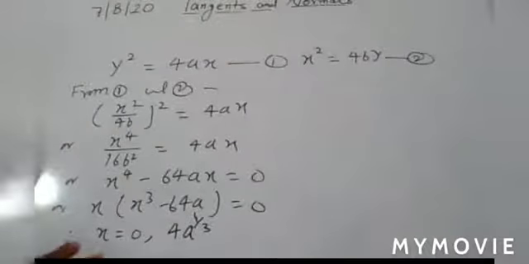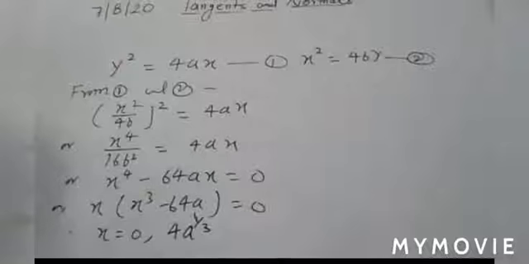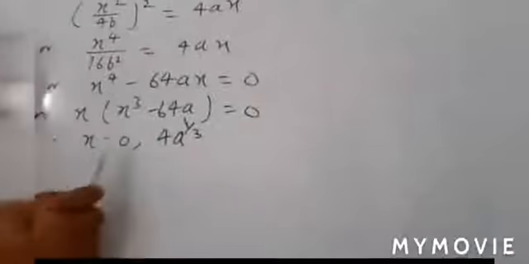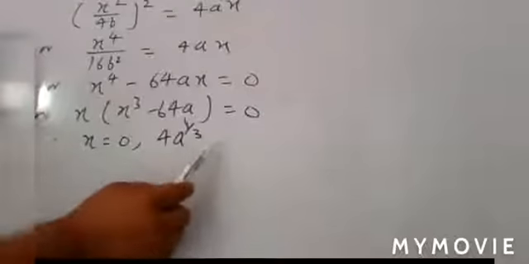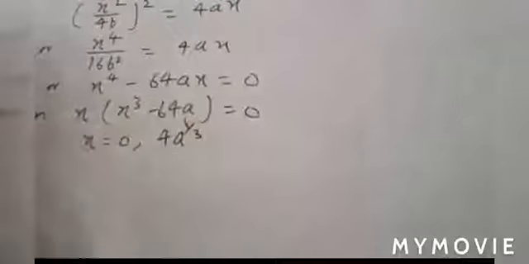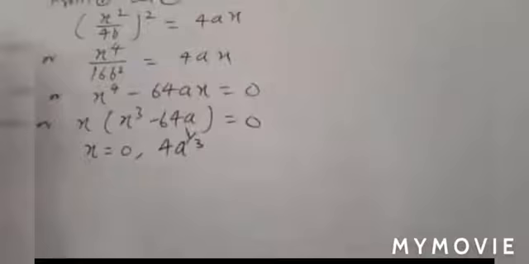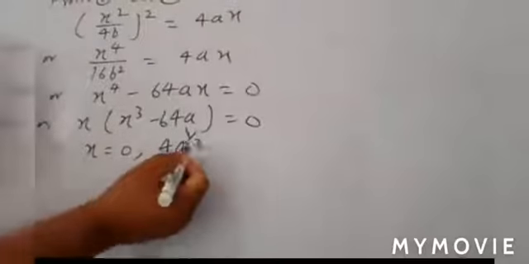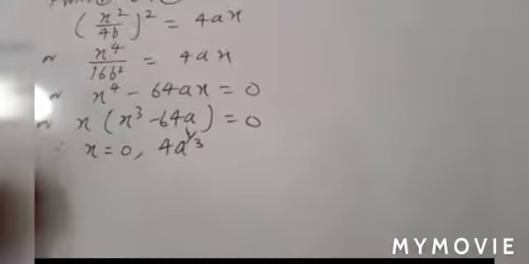Here, as given in your question, the point 0 is not taken. So you only have to put x is equal to 4a to the power 1 by 3 in any one of the equations, either in 1 or 2. It's your choice. So here you put it in the first equation and check what is the value of y for x is equal to 4a to the power 1 by 3.